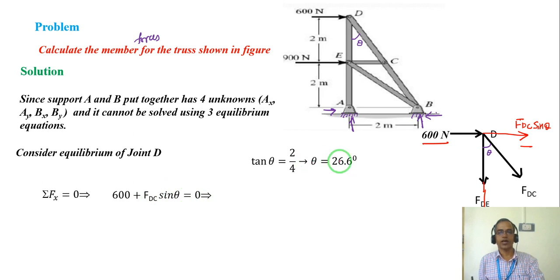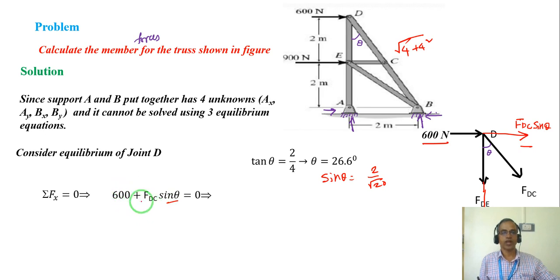The sin theta is the opposite by hypotenuse. The hypotenuse will be the square root of 4 squared plus 2 squared, whatever value comes there. So 2 by the square root of 16 plus 4, that is 20, gives me the sin theta value, a known value. So I know 600, and directly FDC can be found as minus 1340 Newton.